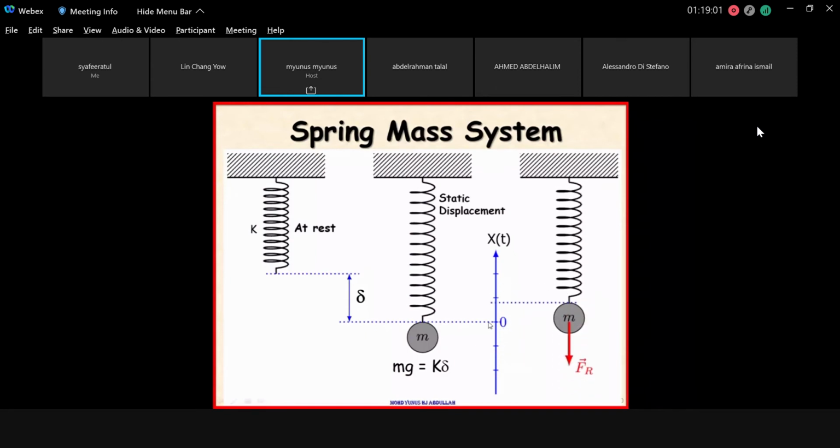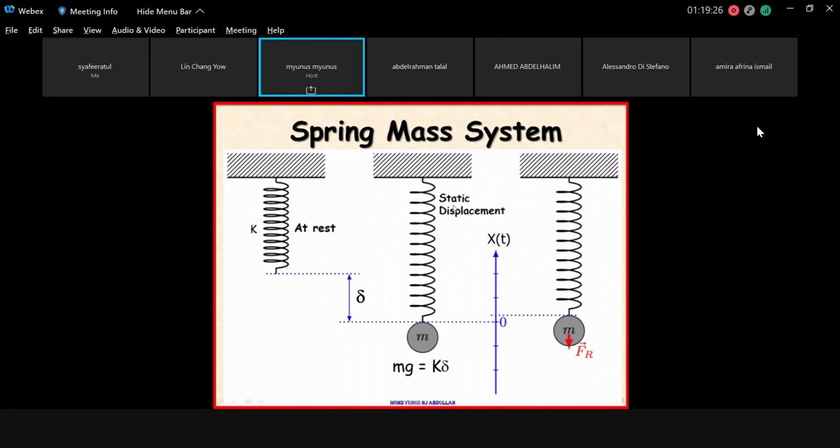So our aim now is to define why mg equals k delta. This one is static. First at rest, look at the first one: the spring, but there is no mass. When you put mass, it will deflect a bit by delta, and you know that mg equals k delta. We're going to prove this. Then with mass and k, you displace.